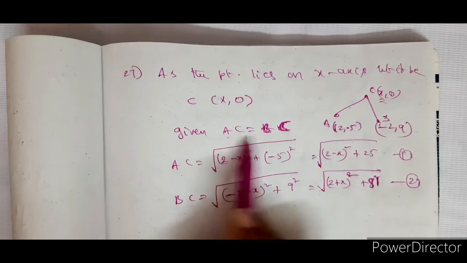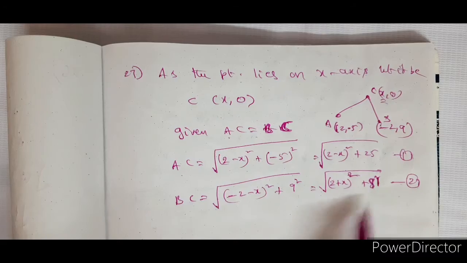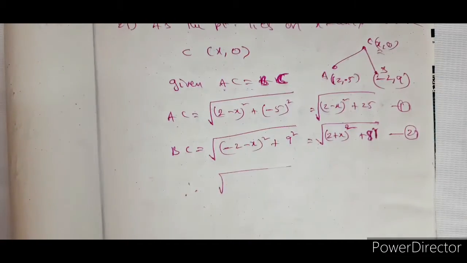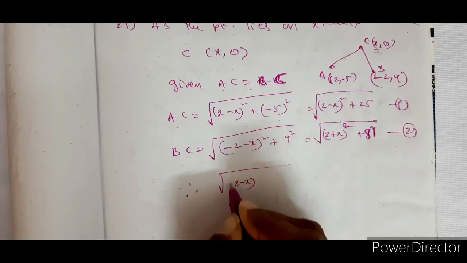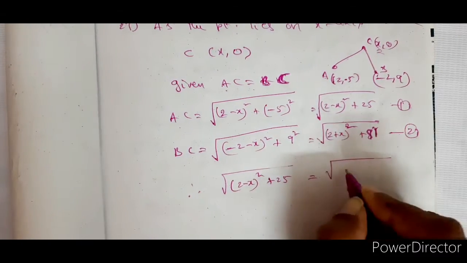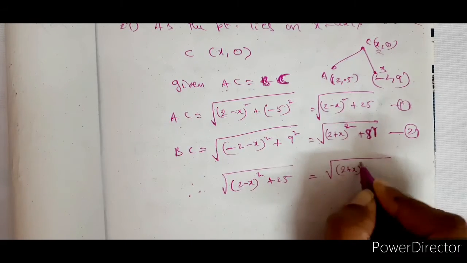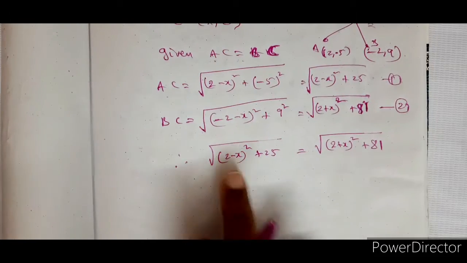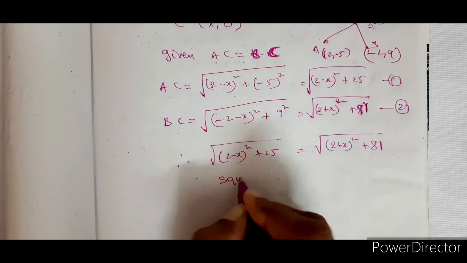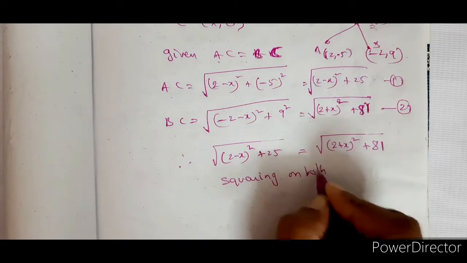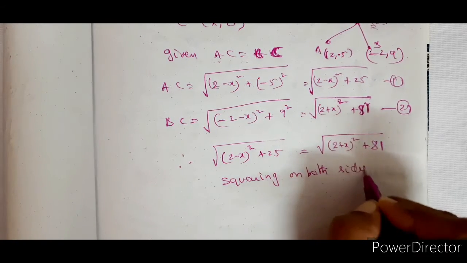Now from the given condition, 1 is equal to 2. So root of (2 minus x) whole square plus 25 is equal to root of (2 plus x) whole square plus 81, as in the previous problem. Now squaring on both sides. Why are we squaring on both sides? In order to eliminate the root.